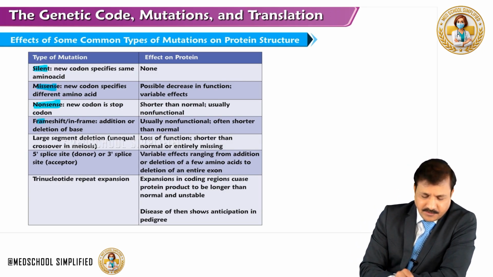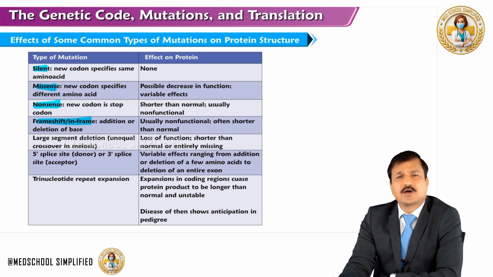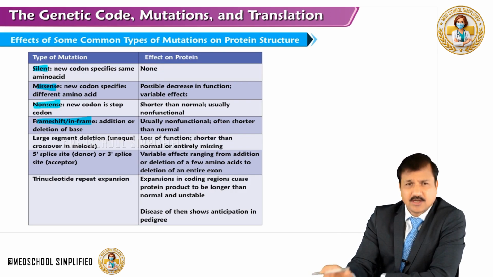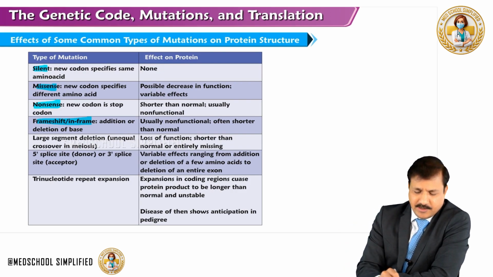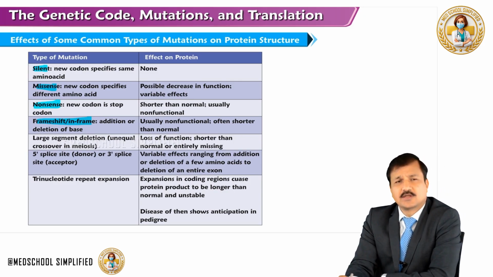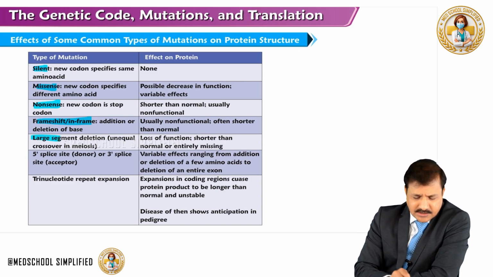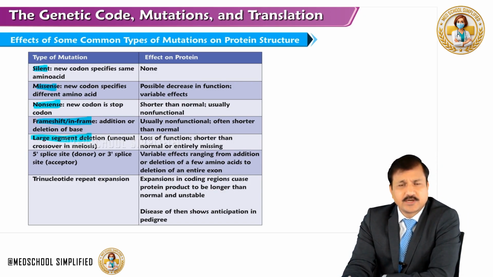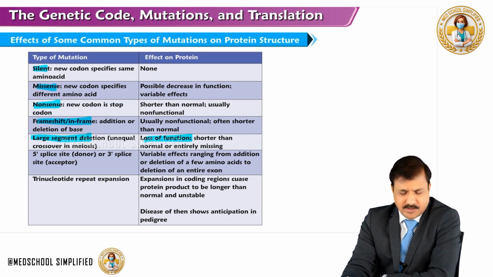And the frameshift mutation is an addition or deletion of a base in the mRNA sequence of codons. Usually, this protein will be non-functional and often it is shorter than normal. Then the large segment deletion, which is because of unequal crossover in meiosis, leads to loss of function of a protein molecule.